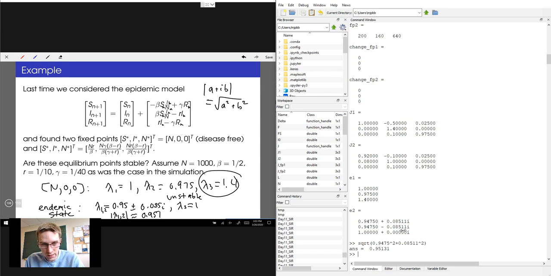And the reason for that is there's some non-uniqueness here. If you were to add a certain number of people to all three categories, a few susceptibles, a few infecteds, and a few recovereds, and keep the ratio of susceptibles to infecteds to recovereds in the population fixed, then you would see that that would not return back to the original state.